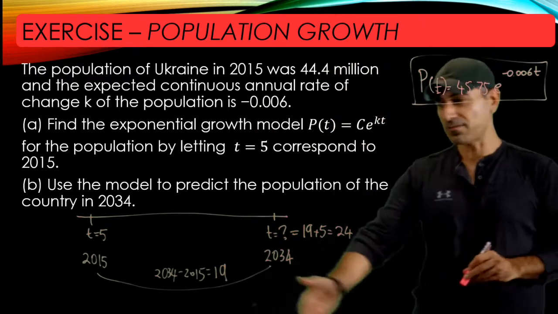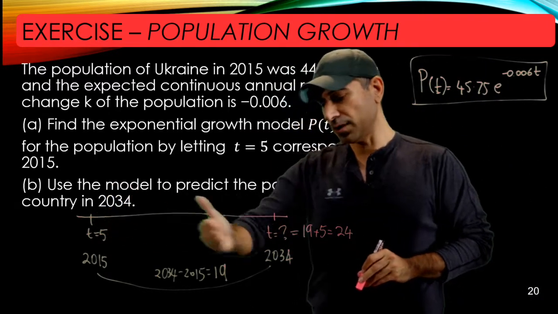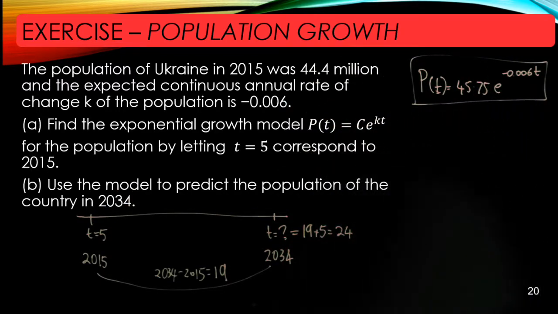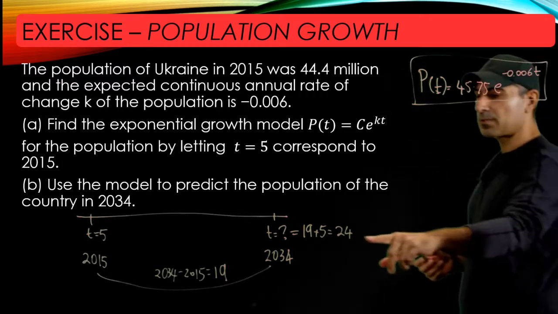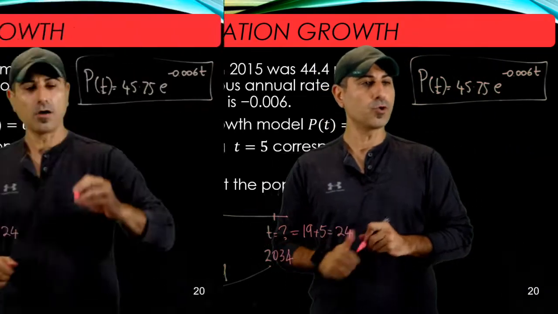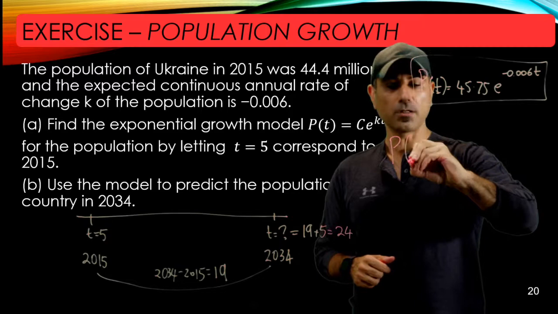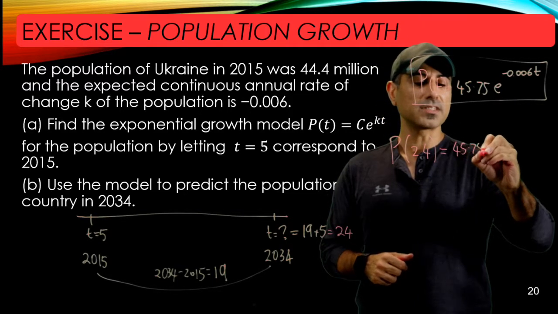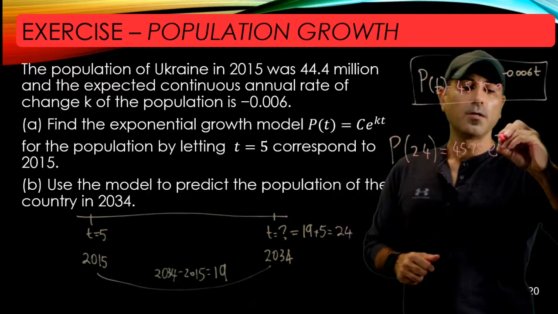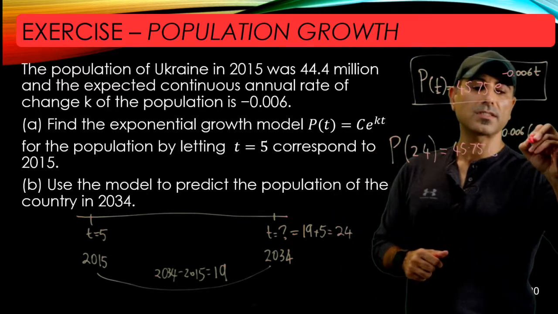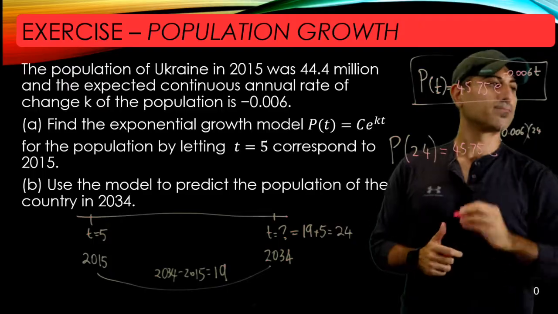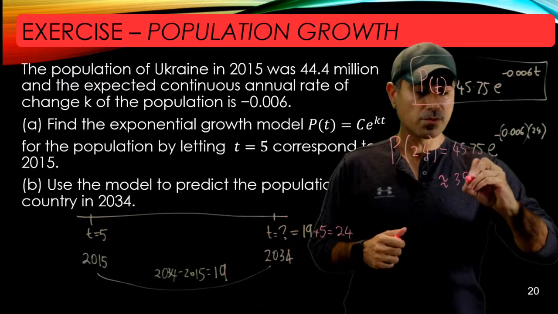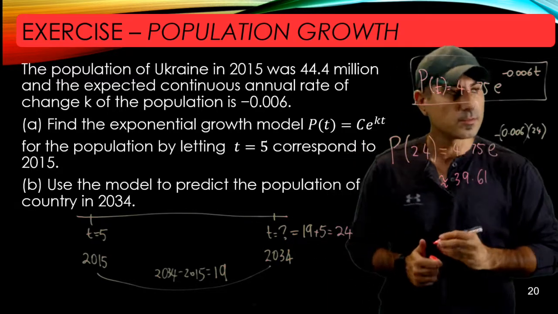Because t is already 5 here, if you just keep going 24 years, you're talking about 2034 corresponding to t equals 24. All I'm going to do here is look for P of 24, which is 45.75 e to the minus 0.006 times 24. And this is approximately equal to 39.61.